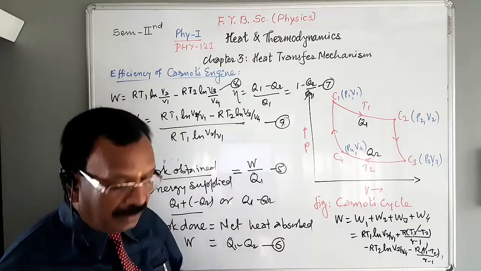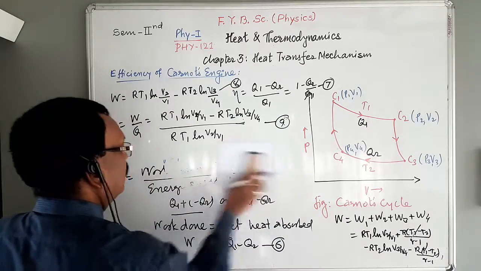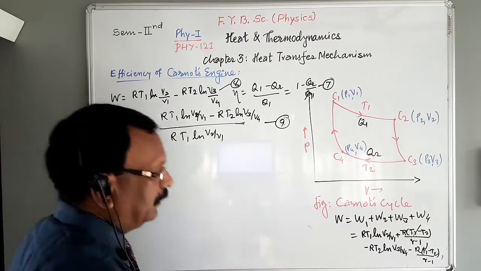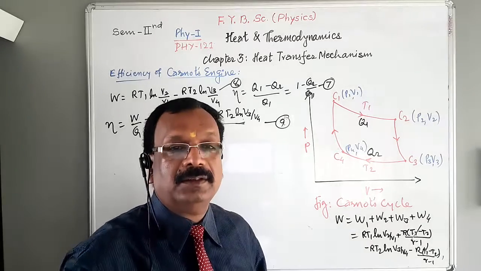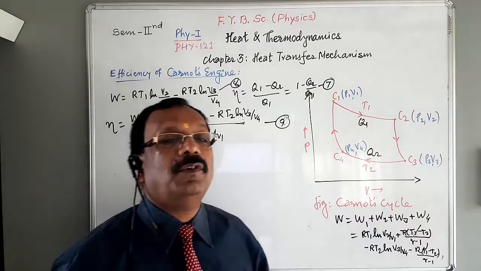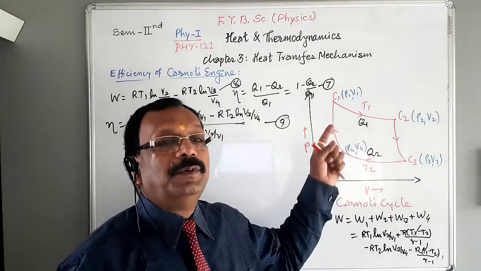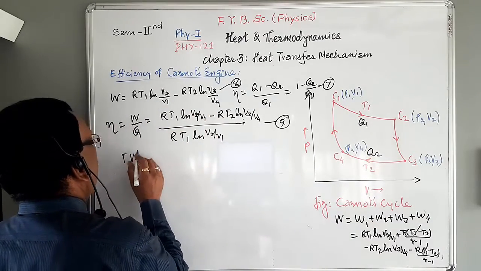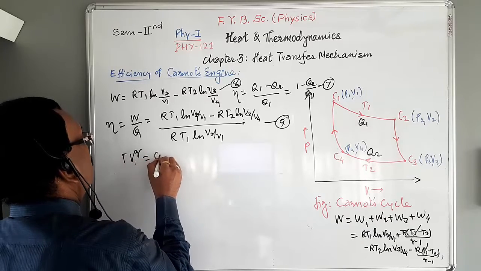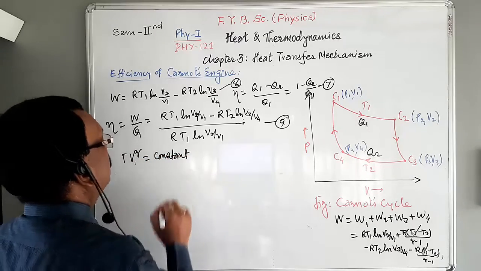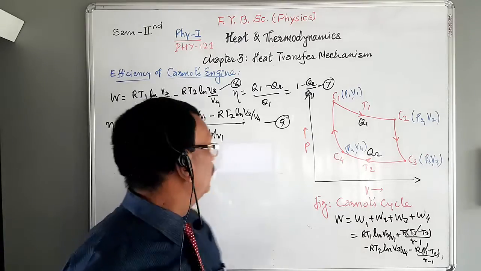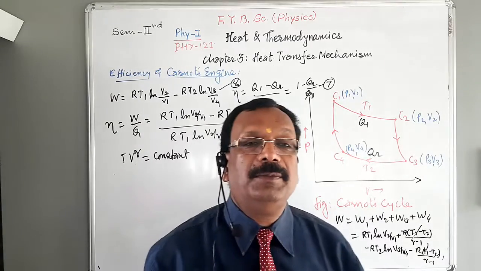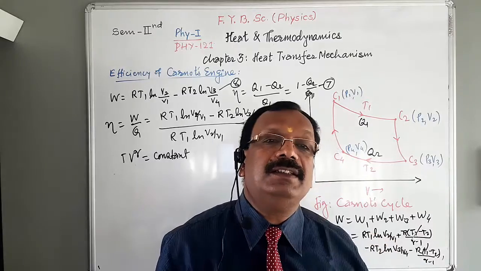Okay. Now, in order to solve this equation 9 further, we have to follow the adiabatic relation. We know that for adiabatic change, T V raised to gamma minus 1 is equal to constant. This equation represents the relation between temperature and volume when the change is adiabatic.